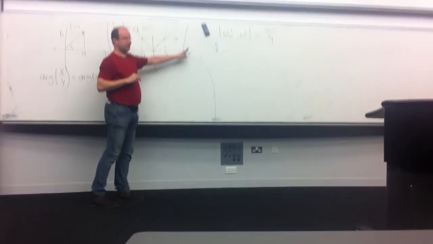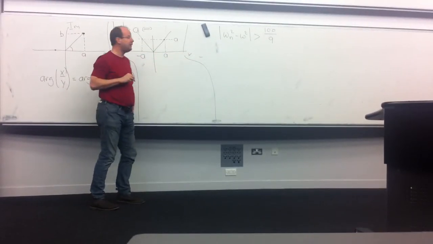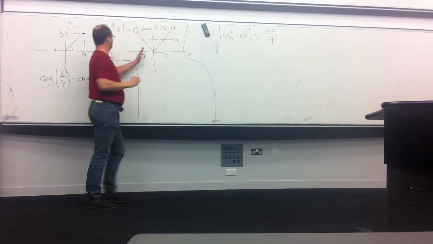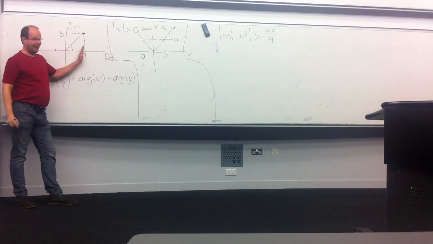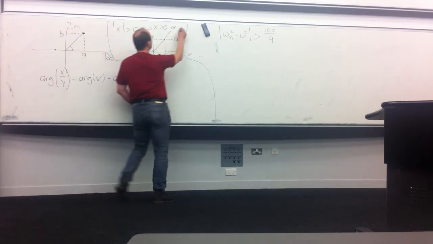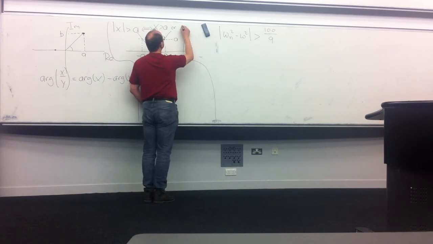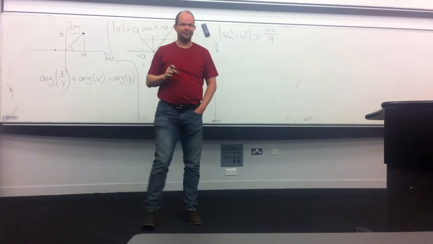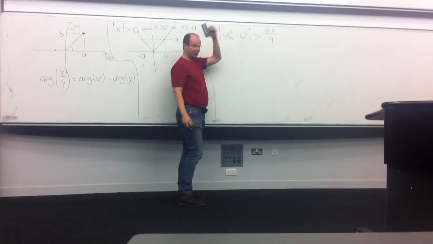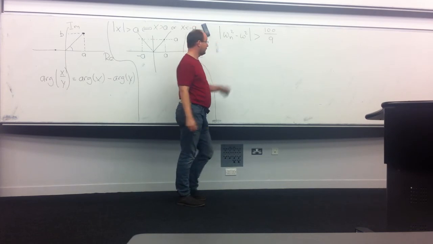It's either x is larger than a, so that is one situation, or, to the left here, x is smaller than minus a. Now here, omega n squared minus omega squared is the x.